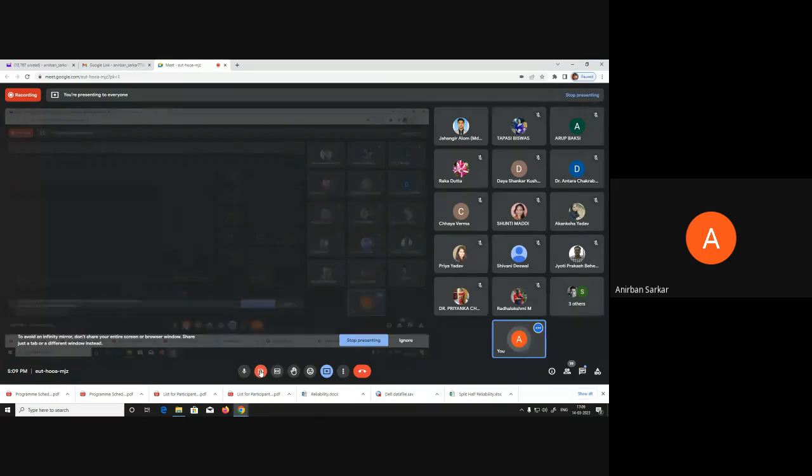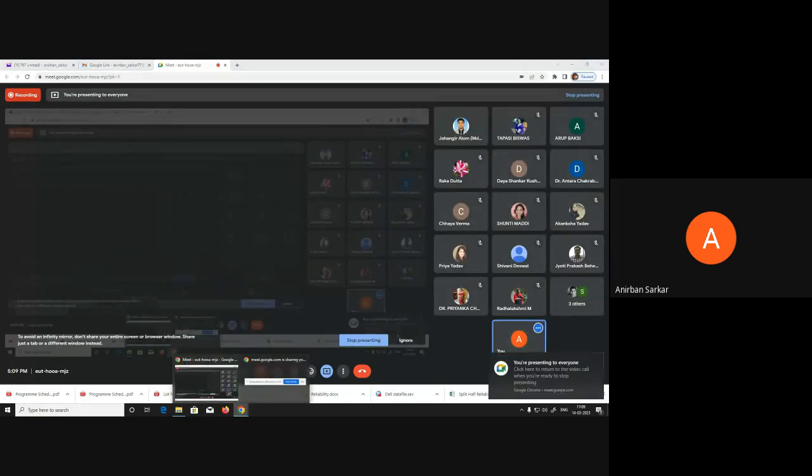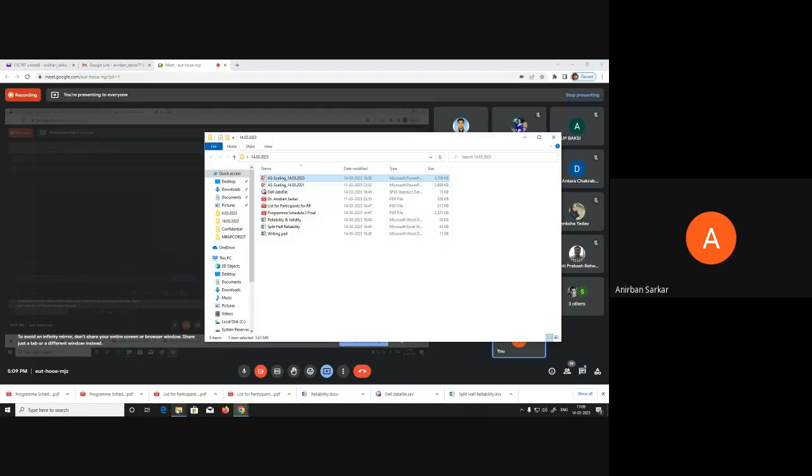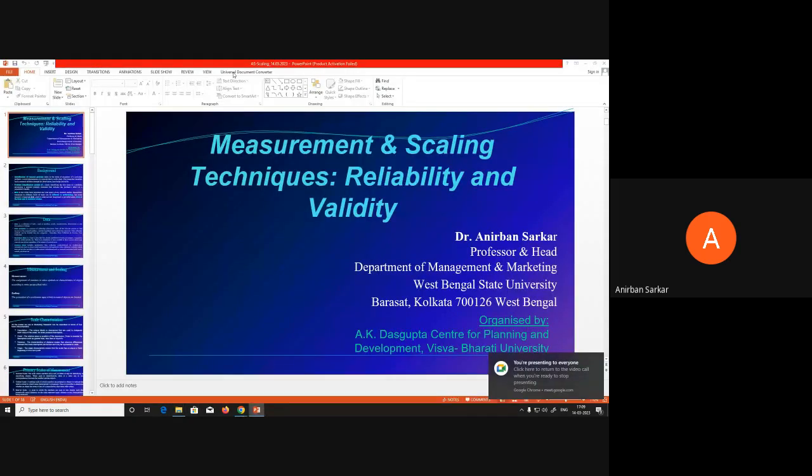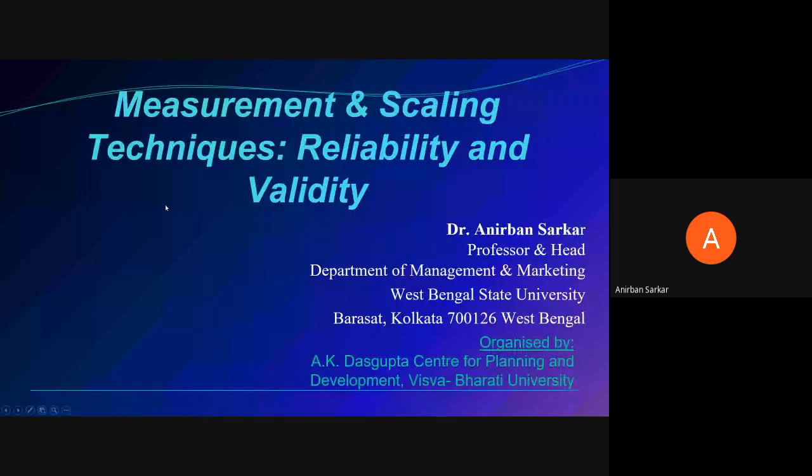I am switching off my camera in order to make this stable. It was shivering. Now I think it is okay. You can see the screen, I think. Can you see the screen? Yes, sir. Yes.